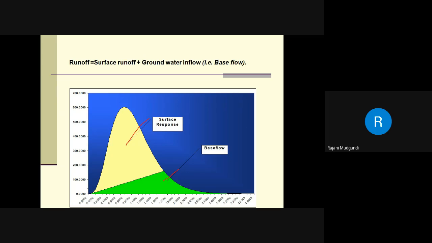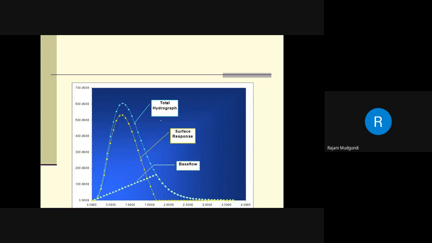So when the rainfall is occurring, the entire runoff is plotted in this way. So the discharge versus time is plotted. So total runoff is shown like this. Once we separate out the base flow, the upper portion will be only the surface runoff or direct runoff.